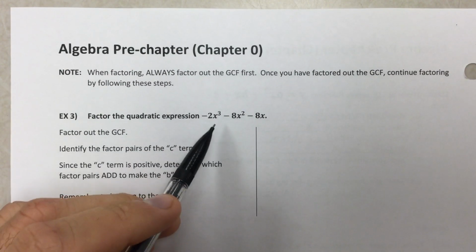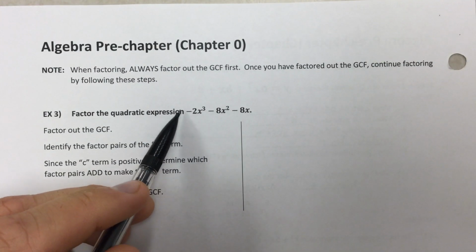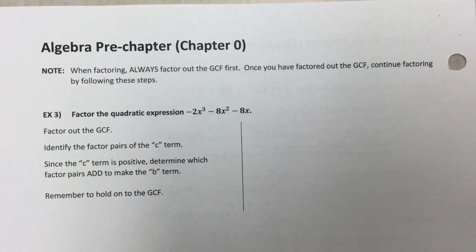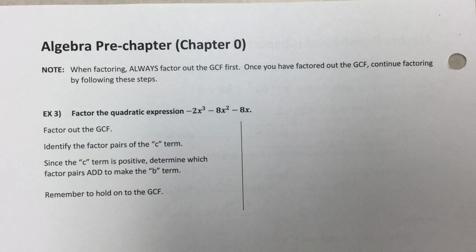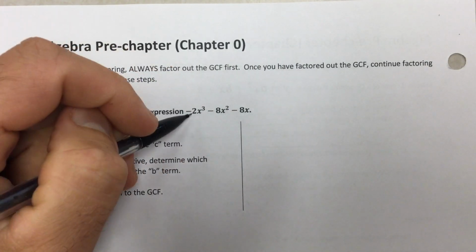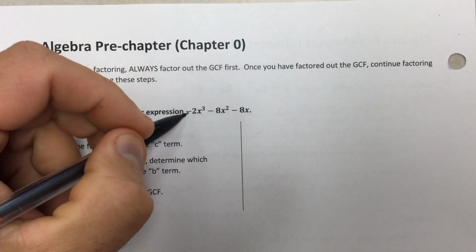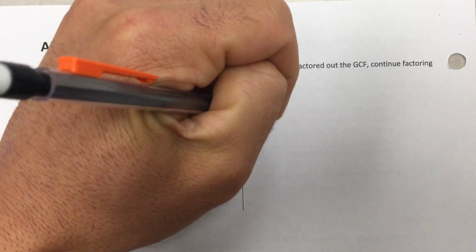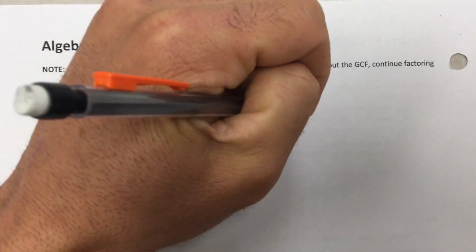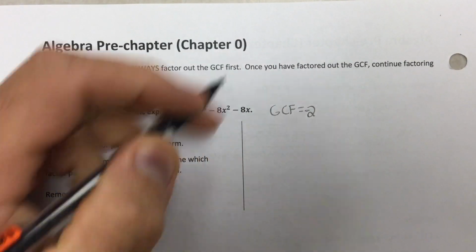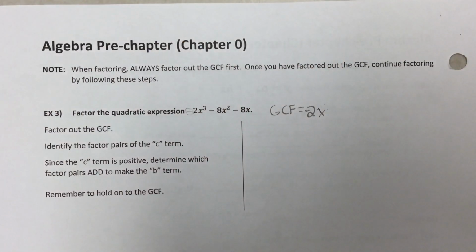And if your leading coefficient is ever negative, like notice the number in front of my largest exponent is negative, you always want to pull that negative out as well. So my GCF is 2, but since my leading coefficient is negative, my GCF is also going to be a negative number, so it's going to be negative 2, and they also all have an x in it, so my GCF is negative 2x.